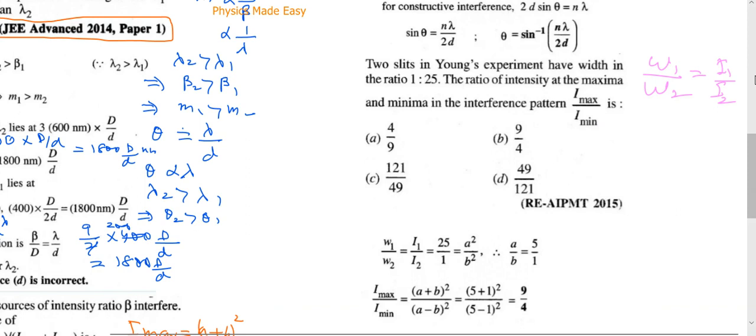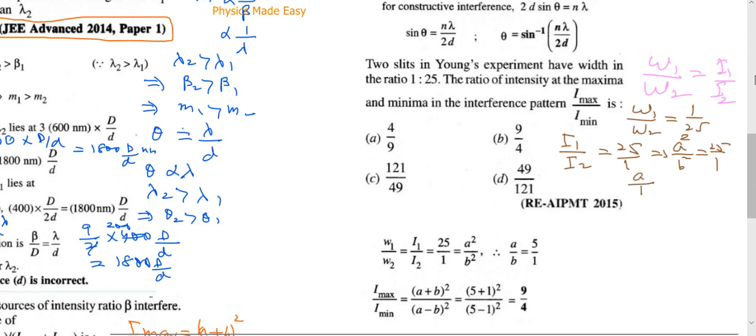Now this W1 by W2 is 1 by 25, and this I1 by I2 is 25 by 1. This implies A square over B square is 25 by 1, because intensity is directly proportional to the square of amplitude.